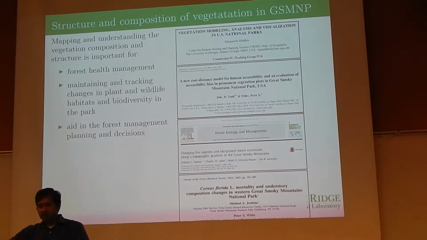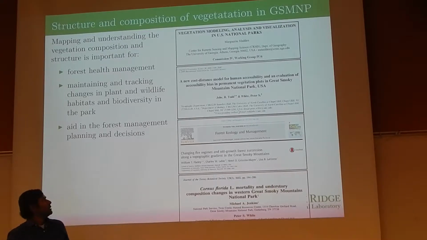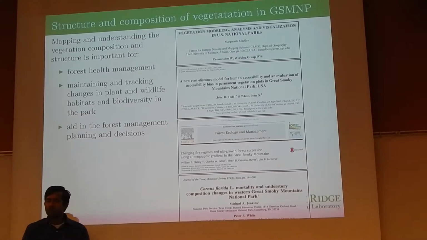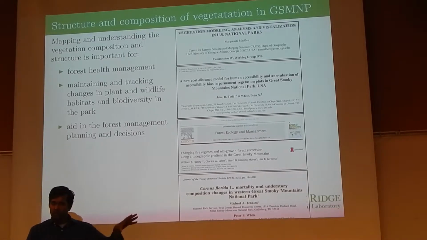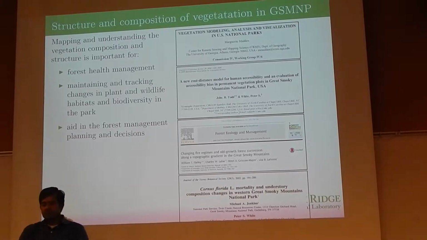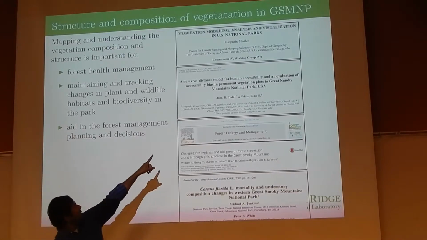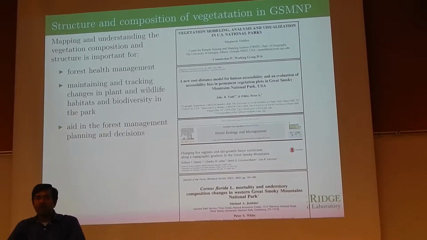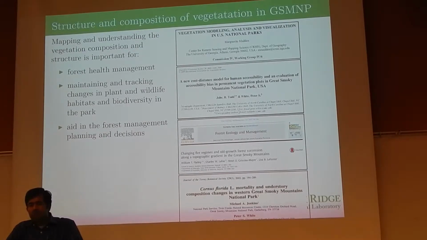And I just highlighted a couple of research articles that we looked at, on the different ways people have been using information about the forest structure, which is one of the main goals for this particular work. Both look at the structure and the composition of the vegetation. And the second one that I have up there is looking at the cost structure model, so the distance calculation whenever someone wants to walk through these forests.